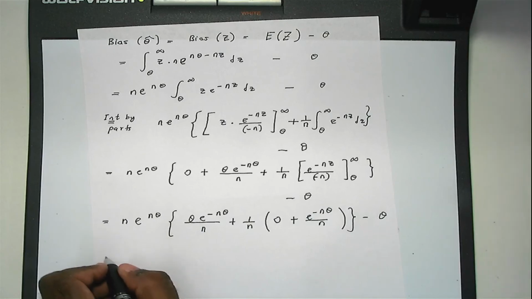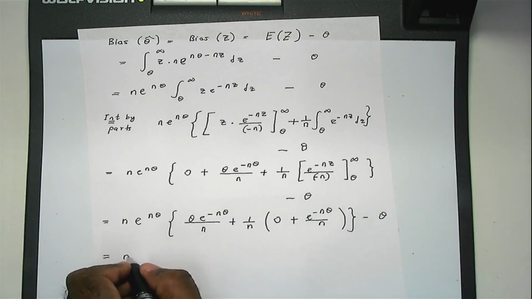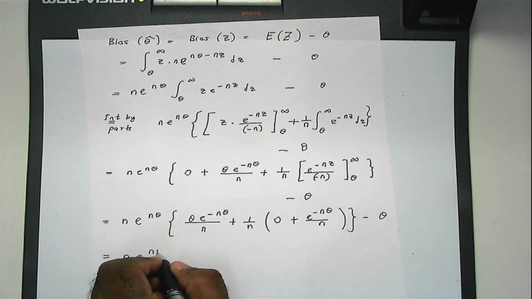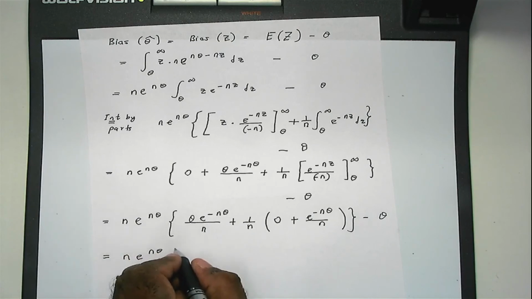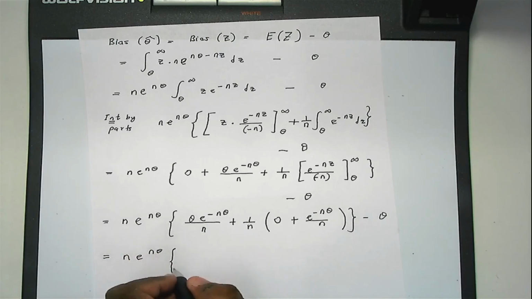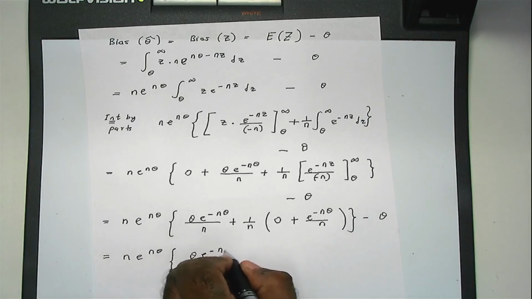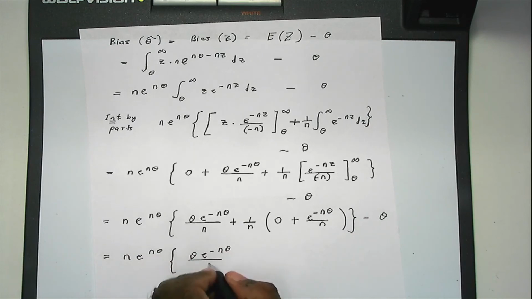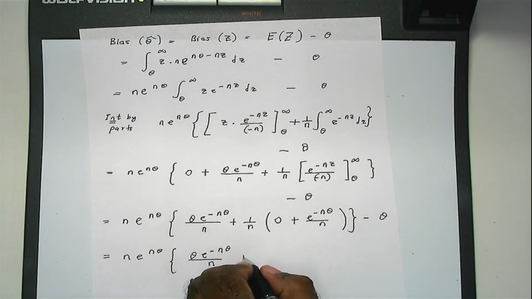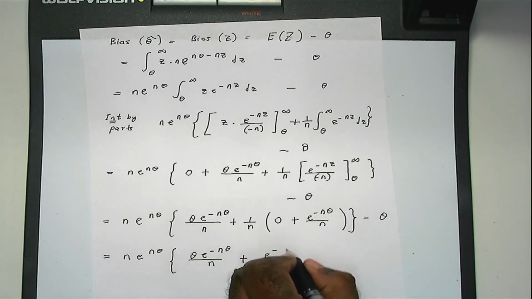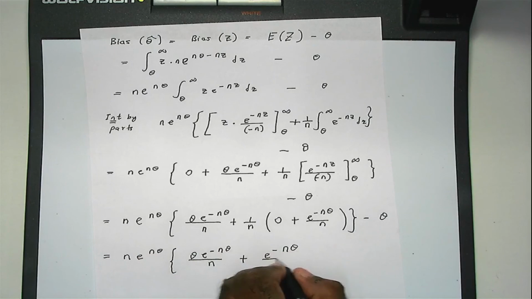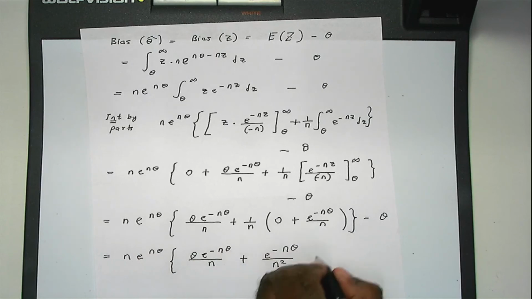So this becomes n, e to the minus n theta in brackets, theta, then plus.